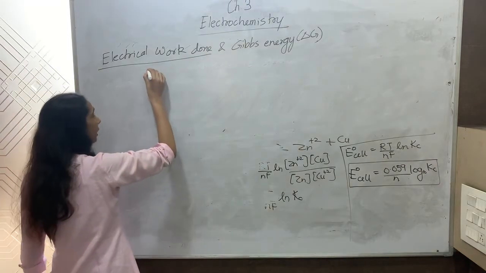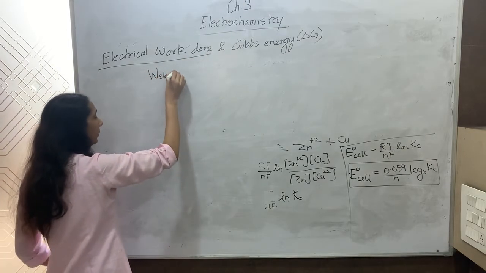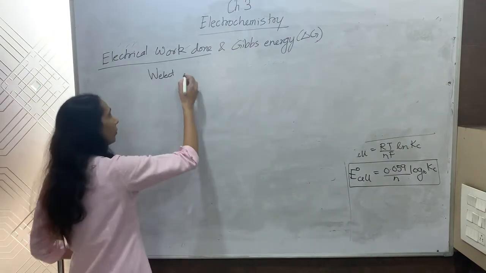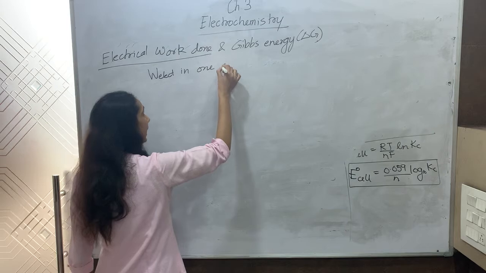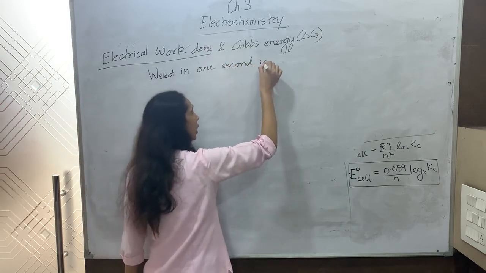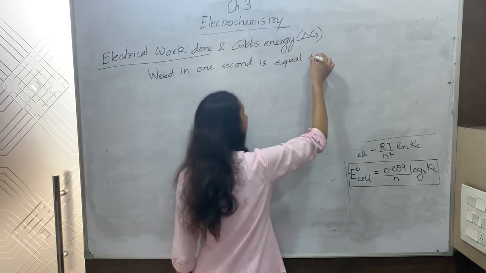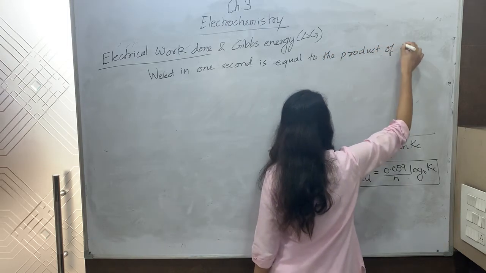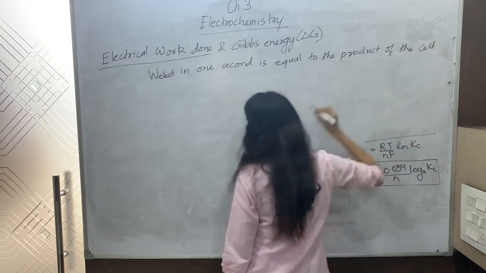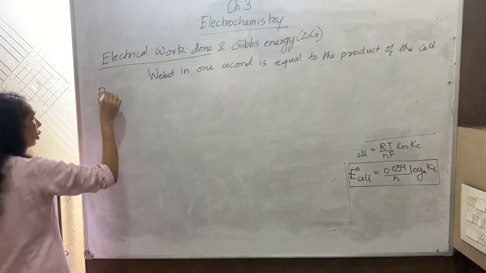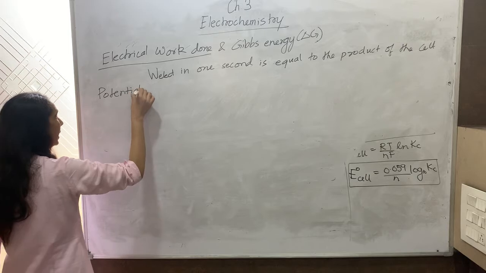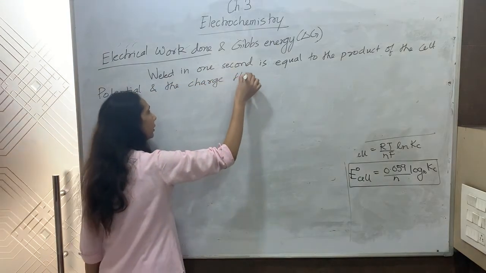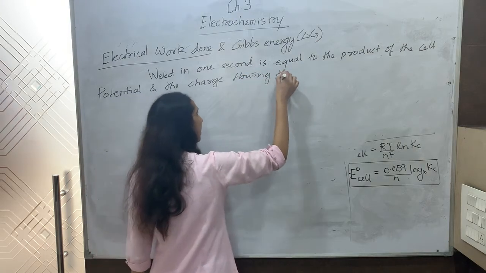Electrical work done, which I represent by W electrical, in 1 second is equal to the product of the cell potential and the charge flowing through the cell.